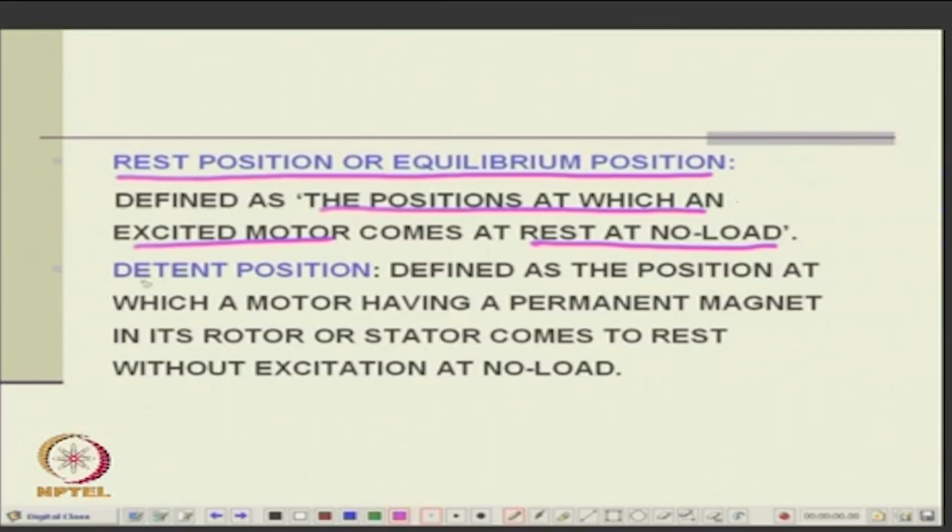And then the return position is the position at which a motor having PM in its rotor and stator comes to rest without excitation. That means that is the position a PM stepper will occupy when you do not put any pulses in the stator. Okay.